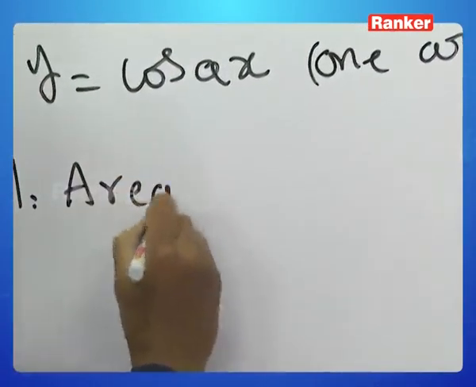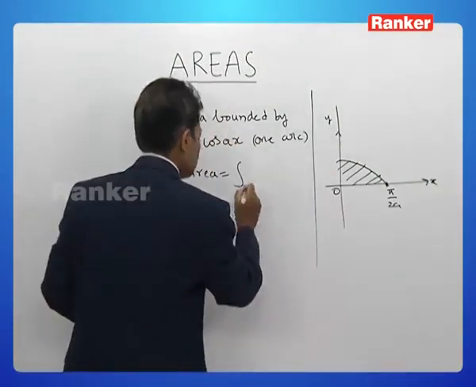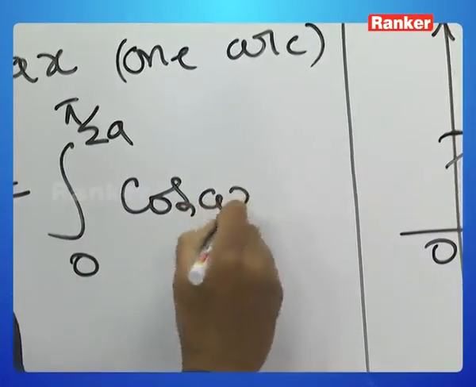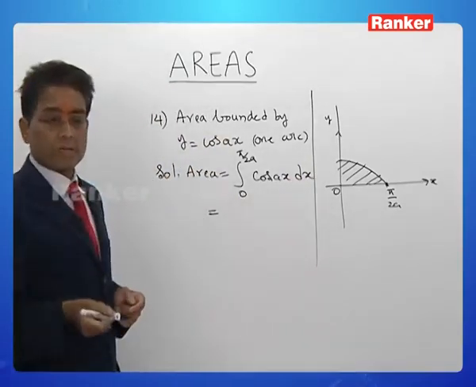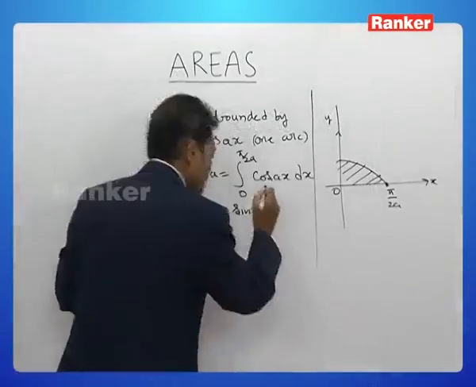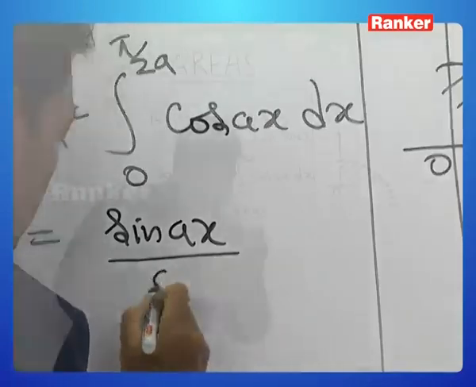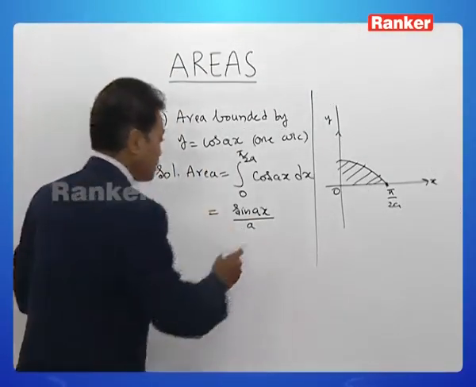Required area, 0 to pi by 2a, cos ax. What is cos integration? Sin. Ax derivative is a. So we divide. If it is derivative, we multiply. If it is integration, we have to divide.